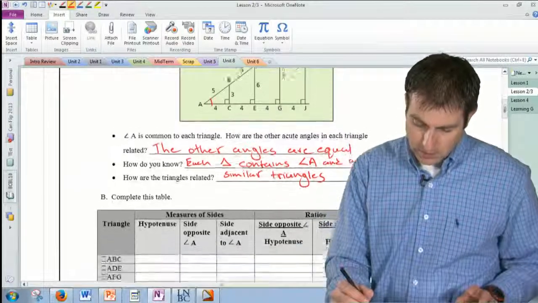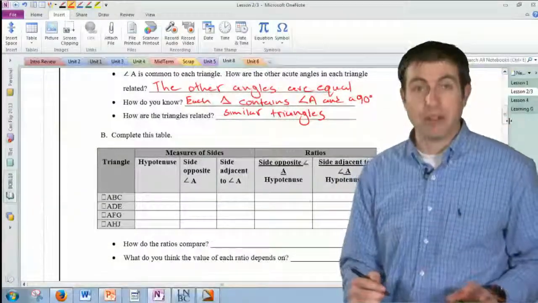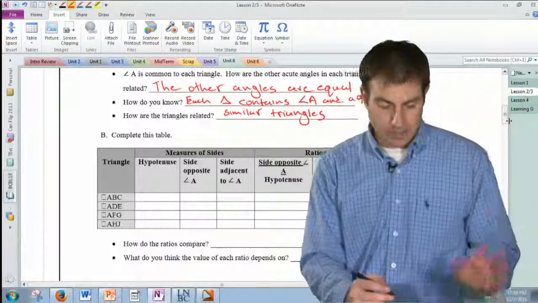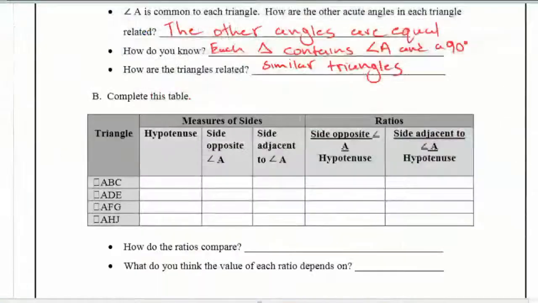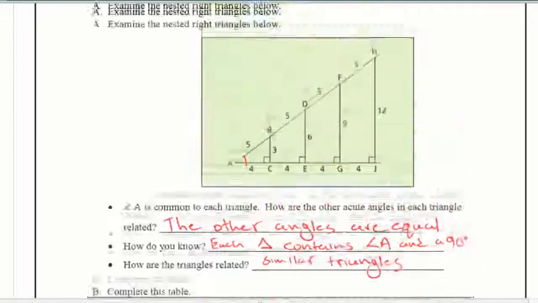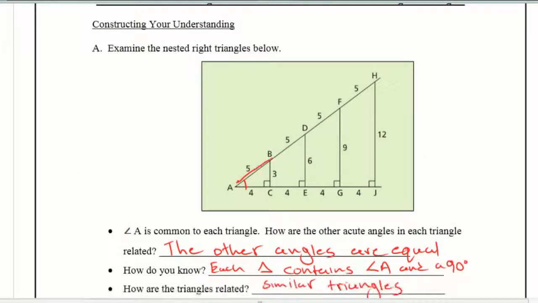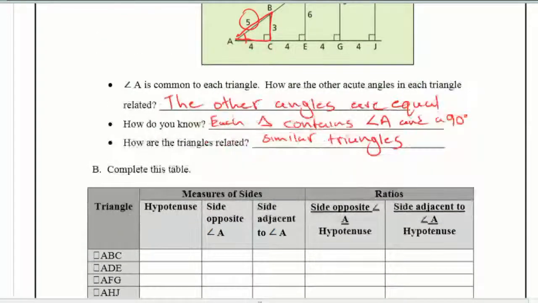So let's see if we can maybe find a bit of a pattern developing here in the diagram up above. If we're looking at the hypotenuse here, we're looking at triangle ABC to begin with. So triangle ABC is the first one here, A, B, and C. The length of the hypotenuse is 5. So I'm going to put that in my table here. The hypotenuse has a length of 5.